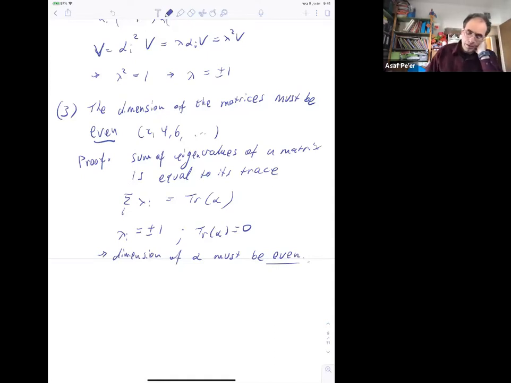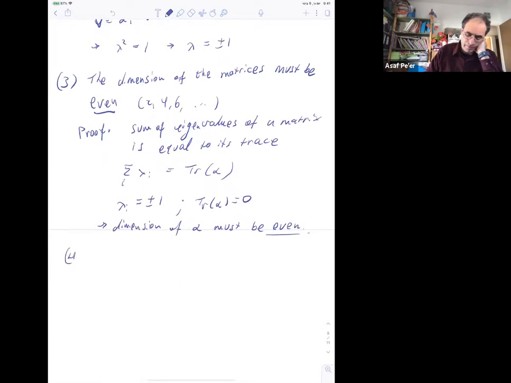Okay. The fourth property of the matrices, of all of the matrices, is that they're all Hermitian matrices. Why is that?